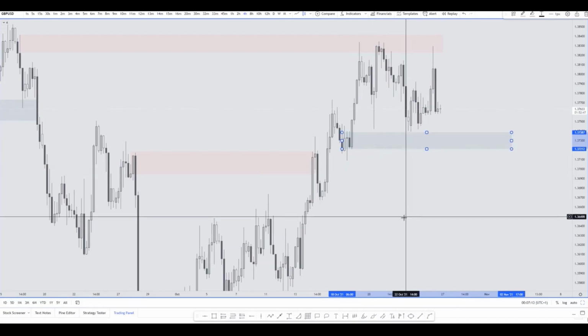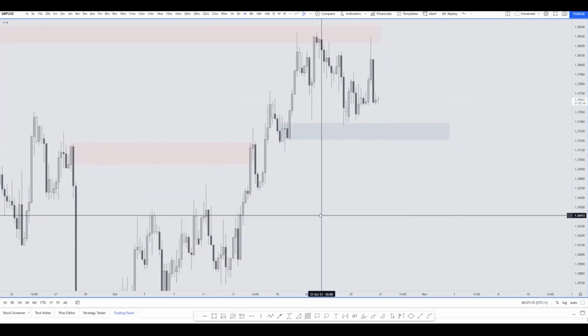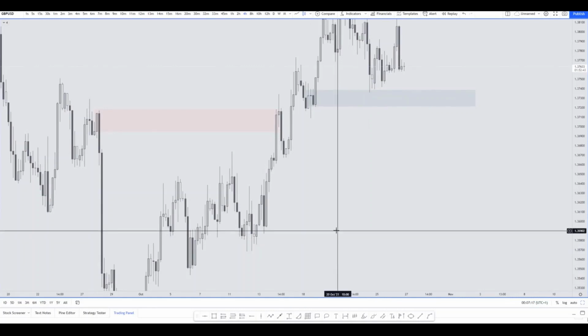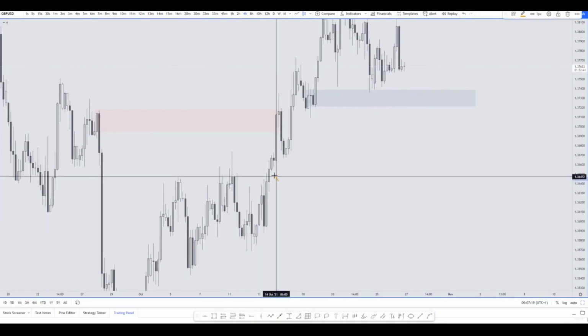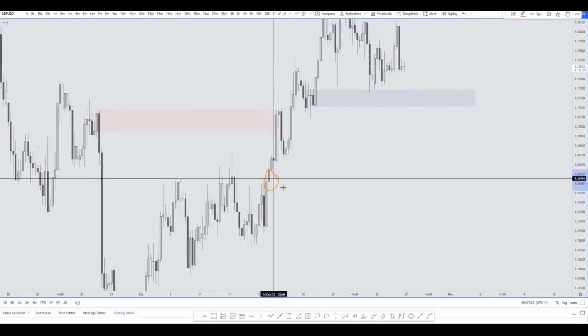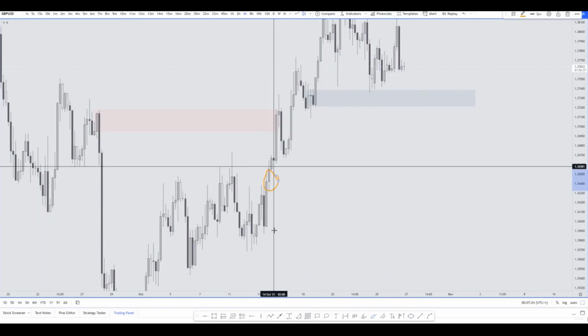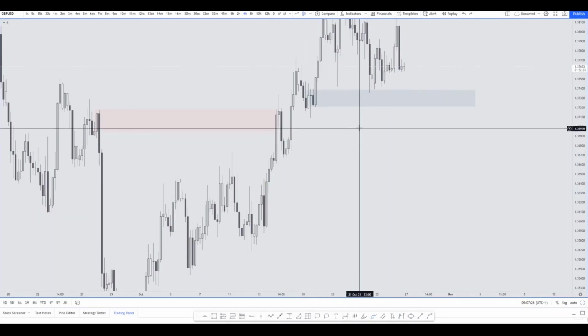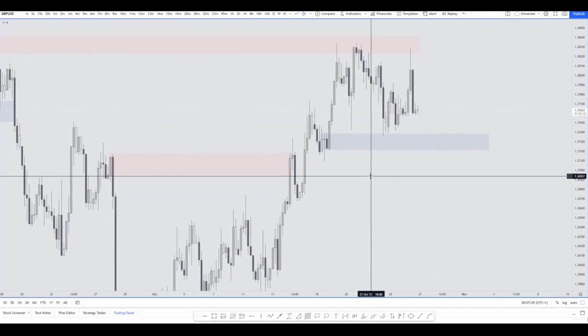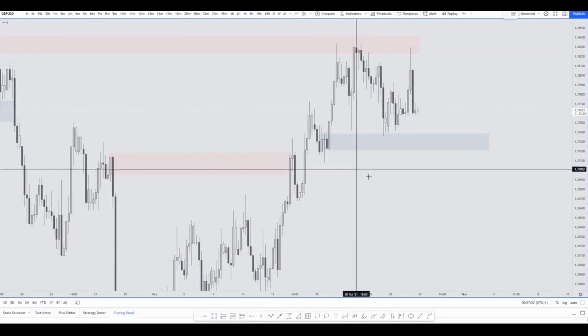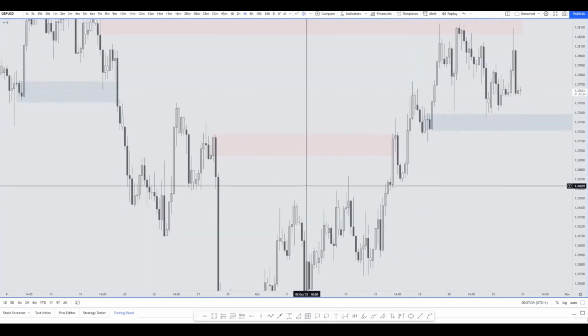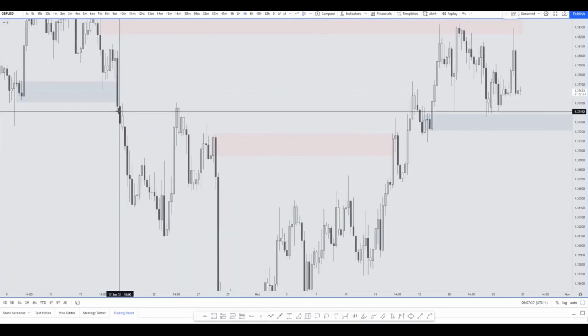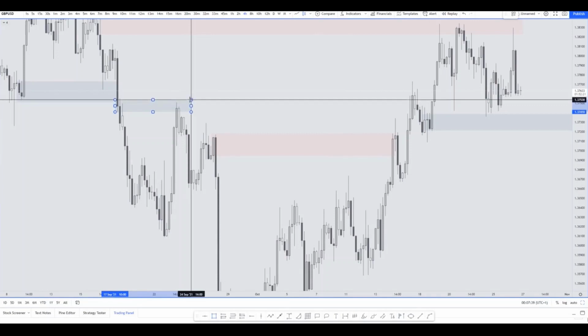Now, the other thing I want to talk about is sell to buy wicks, and what sell to buy wicks are is these little areas in here, and what they actually are is a supply and demand on a smaller time frame. So let's say we pull, let's find one here. Here's a prime example. So we have sell to buy wicks here.